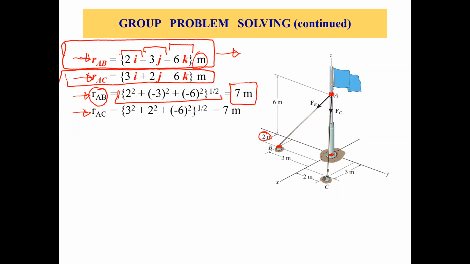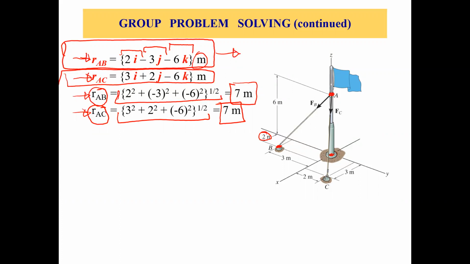Similarly, you'll find RAC, which is the position vector from A to C. The magnitude is given by the square root of x squared plus y squared plus z squared. So the square root of 3 squared plus 2 squared plus -6 squared will again give us 7 meters.